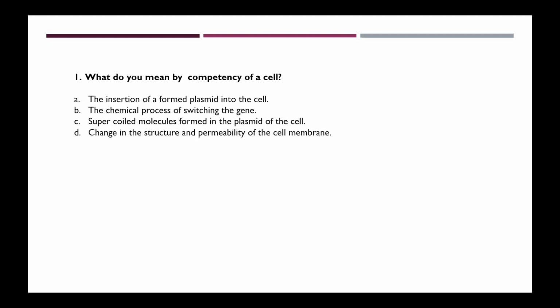Okay. Why can't a cell, without being permeable or without any change, normally take up the DNA? Suppose one cell is there and you want it to take up the DNA. Whether the normal cell can take up the DNA?